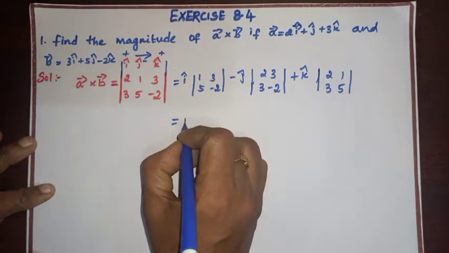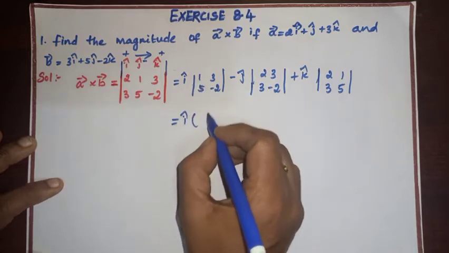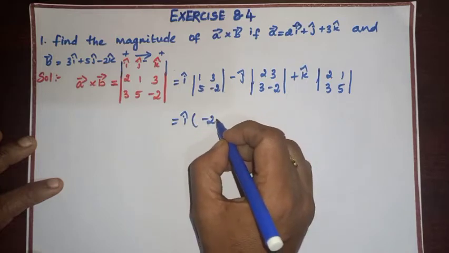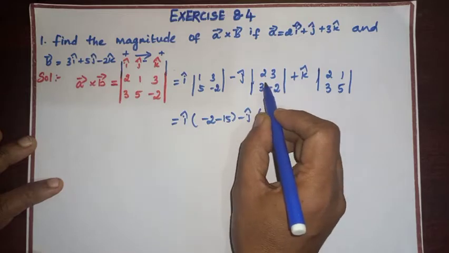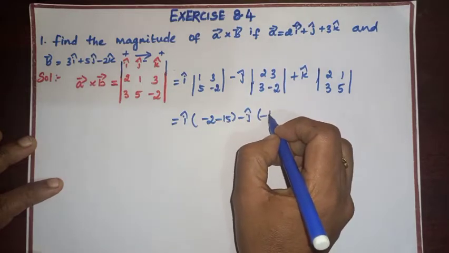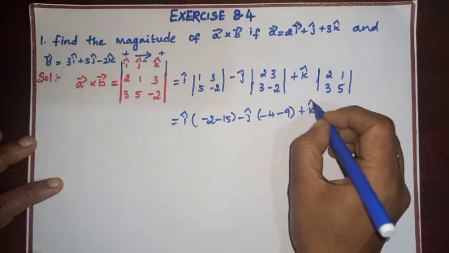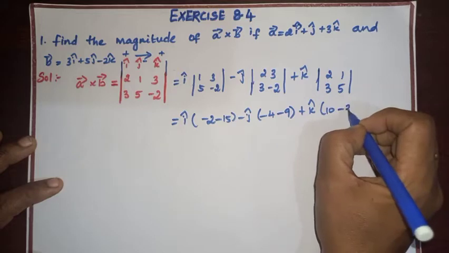Which is equal to i times (1 into minus 2 is minus 2, 5 threes are 15, so minus 15), minus j times (2 into minus 2 is minus 4, 3 threes are 9, so minus 9), plus k times (5 twos are 10, 1 into 3 is 3, so minus 3).